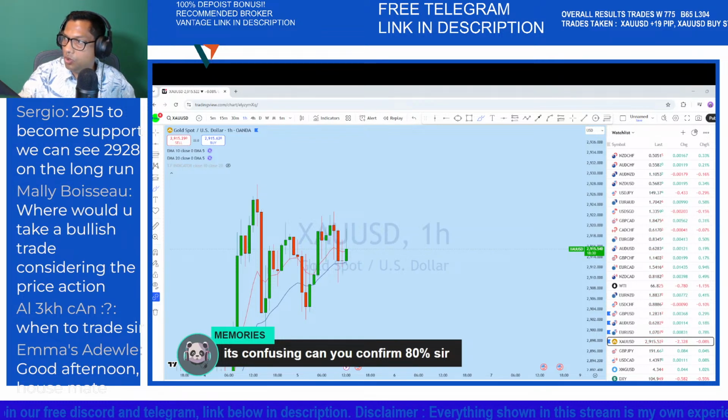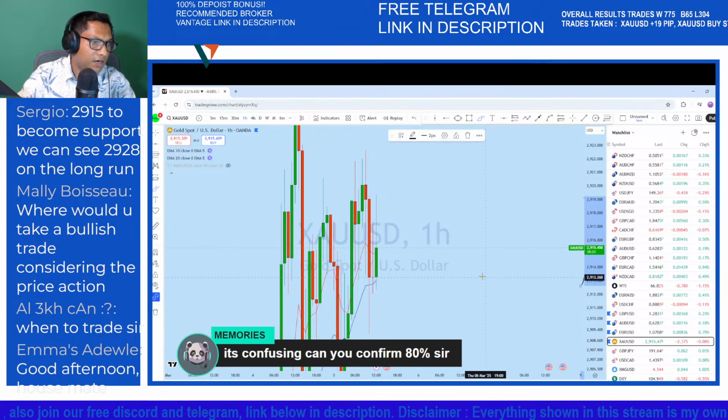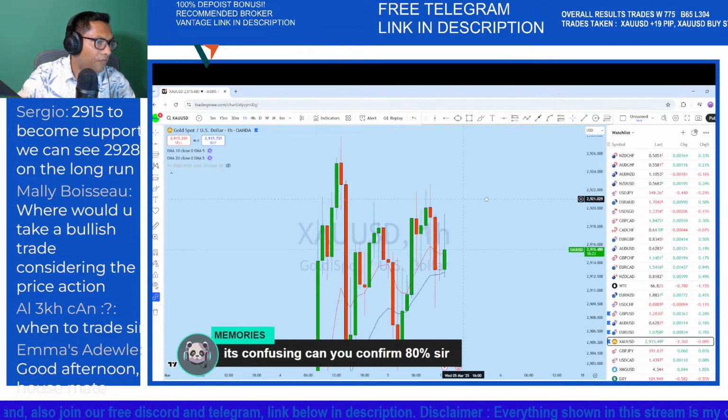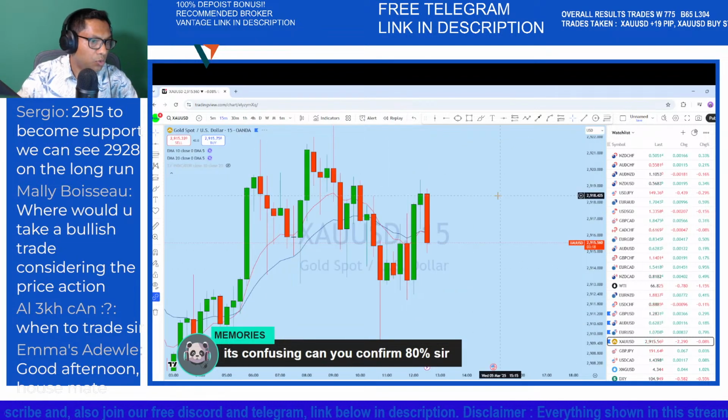So we could see that potentially deepen here, expecting for the market to drop further to the pending order, and this is what we're waiting to see.